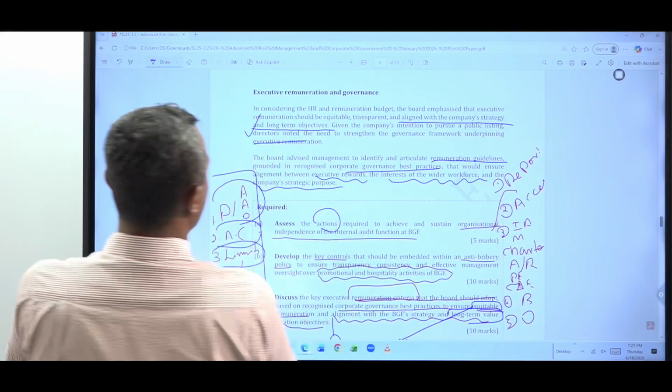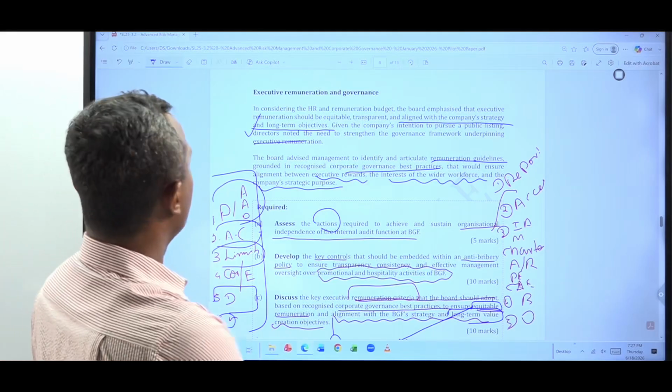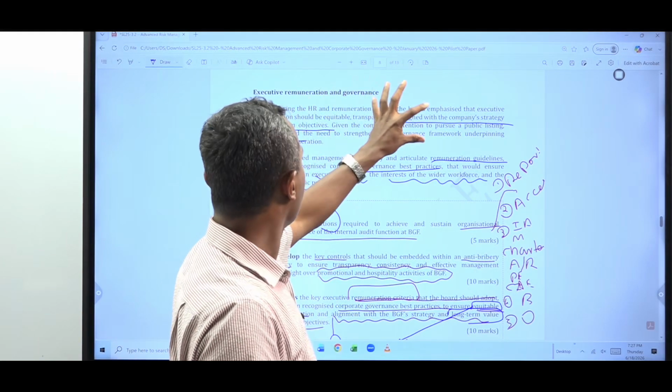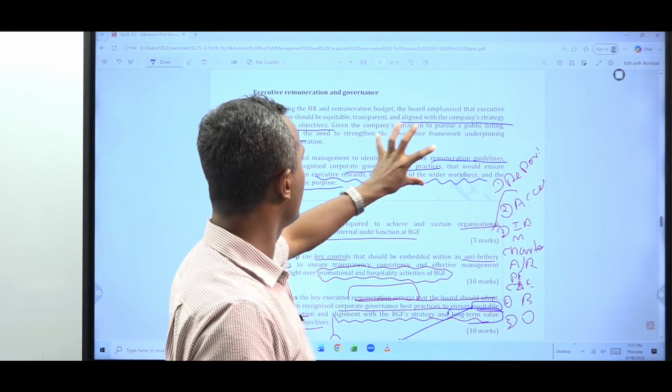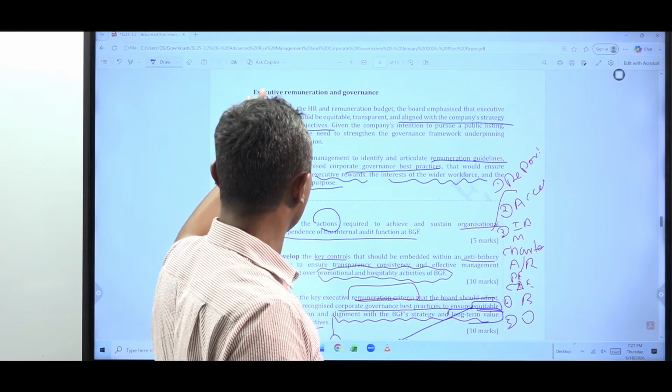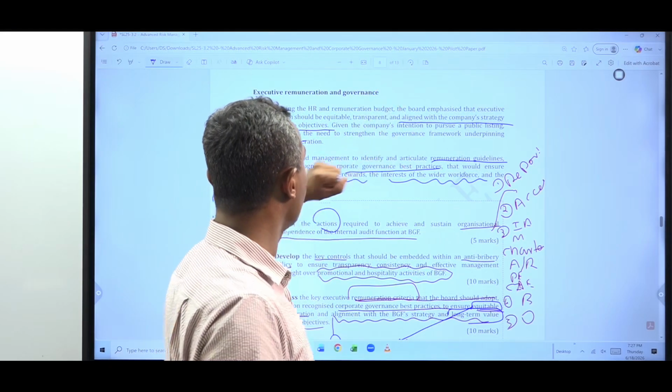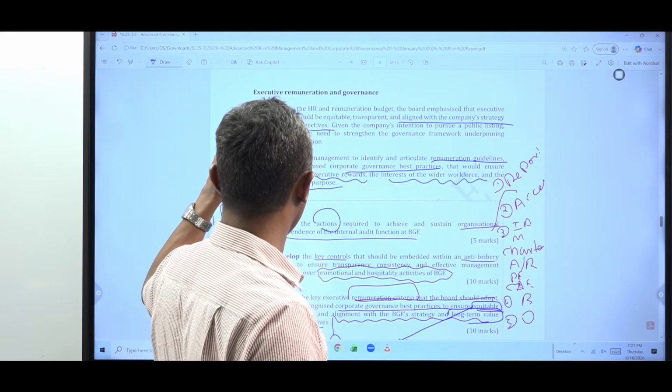In considering the HR remuneration budget, the board emphasizes remuneration that is equitable, aligned with the strategy and long-term objectives, and they need to strengthen the governance framework around remuneration, right?